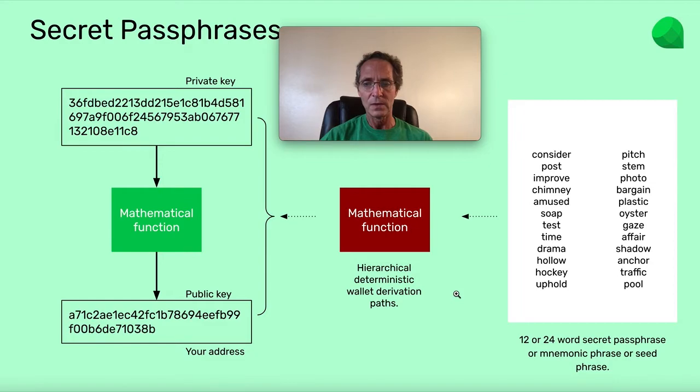So this is how the secret passphrases work. You have 12 or 24 words. It goes through a mathematical function. There's a derivation path per address, and because this derivation path can be infinite, you can create an infinite amount of private and public key pairs, that is private keys and addresses. So you can have many addresses in multiple blockchains. It's an industry standard that everybody uses.